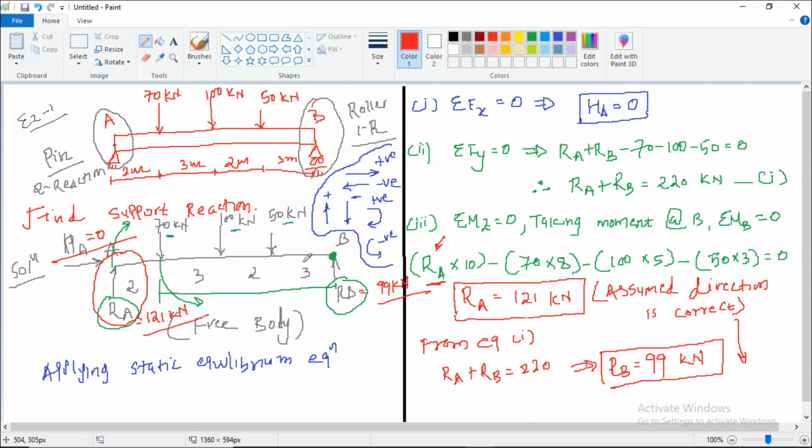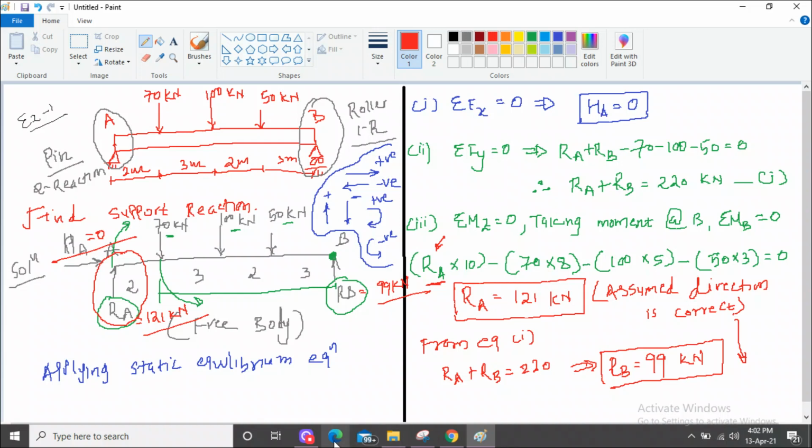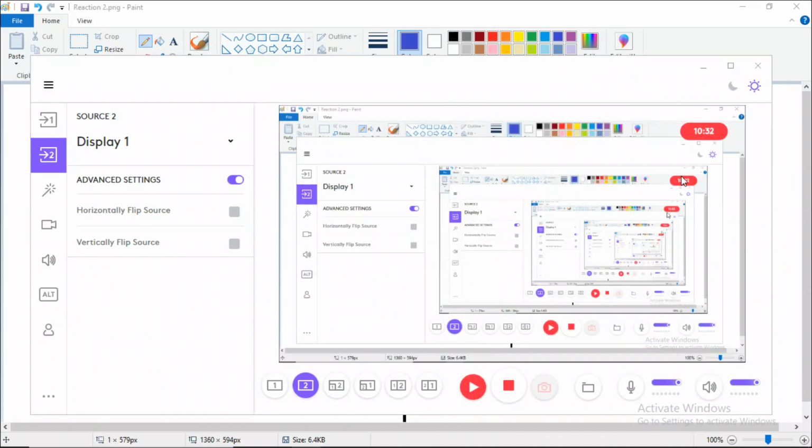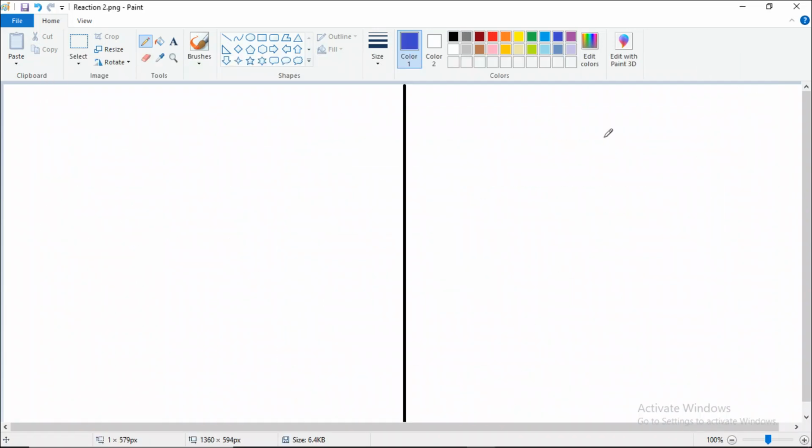Numerical 2, support reaction for frames. Okay, so let us say we are starting with example number 2. We are given a particular frame. The frame is given like this, and on this point there is a roller support.